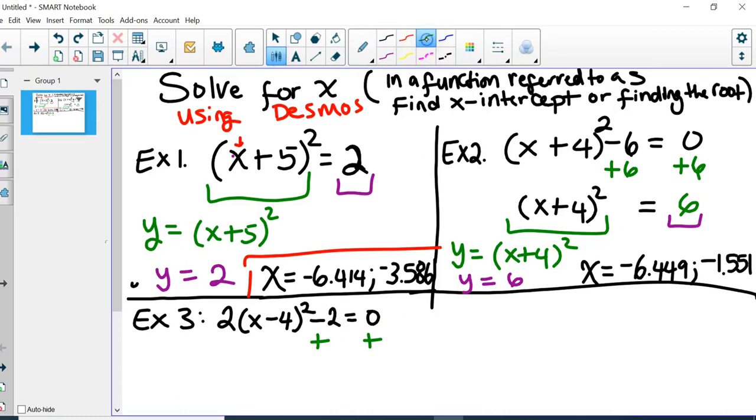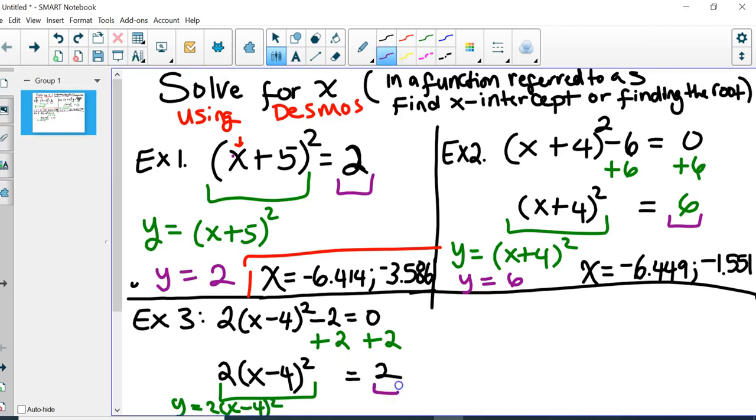So I'm going to add 2 to both sides. And I get 2(x - 4)². Negative 2 plus 2 is 0, so it goes away. 0 plus 2 is 2. This is my first function, y = 2(x - 4)². And my second function I'm going to put in Desmos is y = 2.